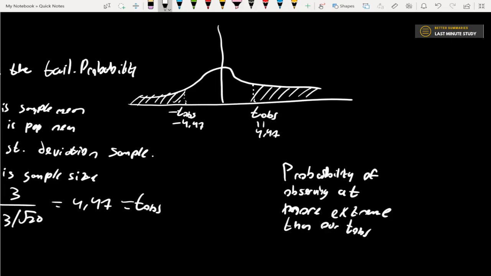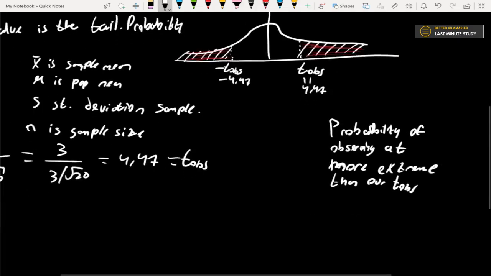So what does that mean? That we want to know the probability of obtaining a t that's more extreme, so here, this way, larger than t observed, but since it's two-sided, right, it's symmetrical also smaller than minus t observed. We want to know this probability, the shaded area.